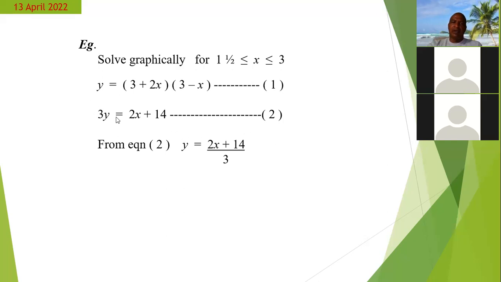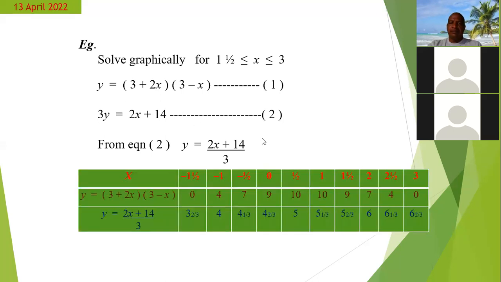So making y the subject in the second equation, you divide both sides by 3, so the 3 cancels on the left. On the right, you get 2x plus 14 over 3. So that's for equation 2. Now for equation 1, you don't have to do anything because y is already the subject.